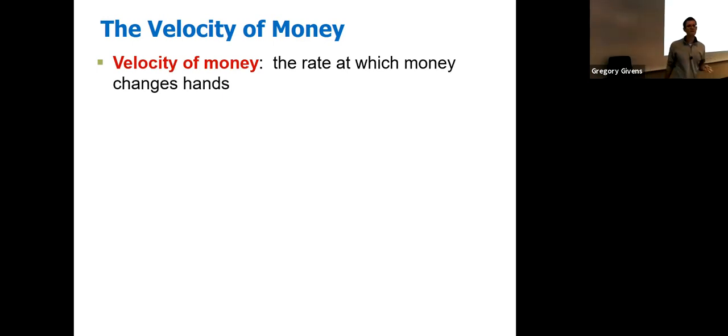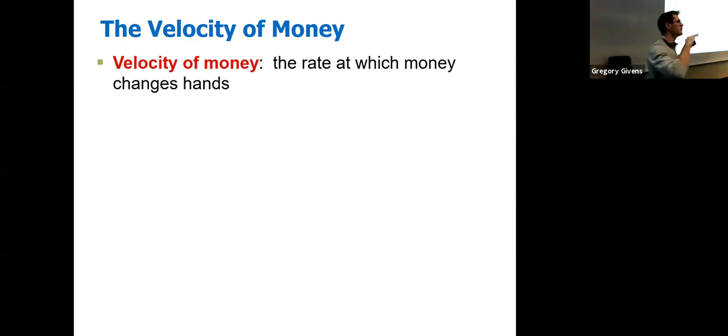Now, one that may be somewhat unfamiliar to you is this concept called the velocity of money. All right, that is defined as the rate at which money changes hands in the economy, okay? Velocity basically answers the following question. How many times per year does the average dollar in our economy swap hands between buyer and seller, okay?